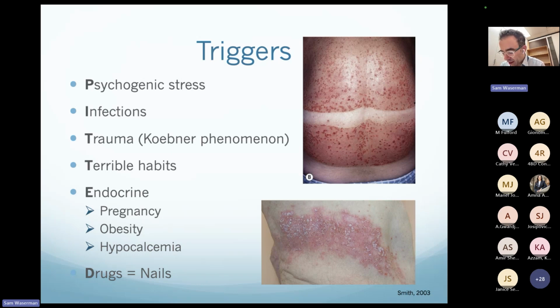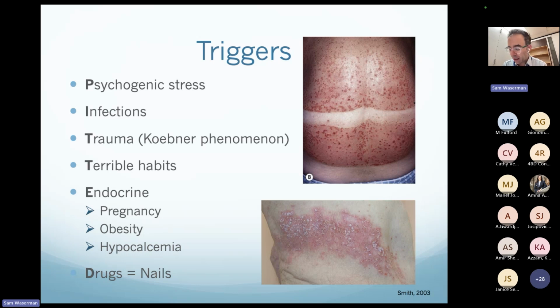The Koebner phenomenon is a traumatic induction of psoriasis on non-lesional skin. We also see it in the bottom picture, in a patient who had shingles. They developed psoriatic plaques on top of where they developed the shingles, which I thought was neat. Now, the Koebner phenomenon is not exclusive to psoriasis. We also see it in entities like lichen planus and vitiligo, for example.